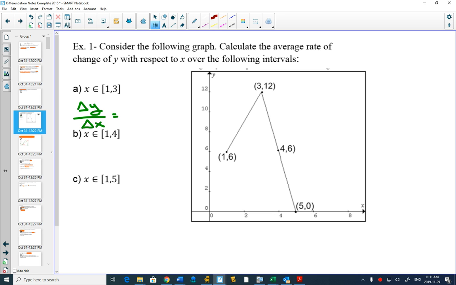So going from 1 to 3, my change in my x values is 2. My change in my y values going from 6 to 12 is 6. So my average rate of change is 3.